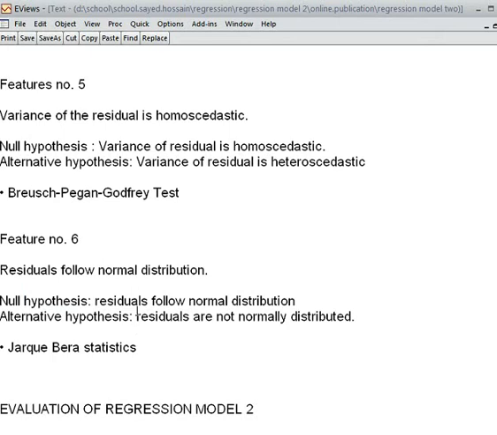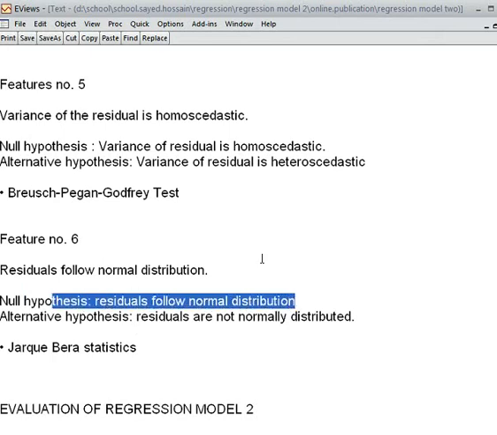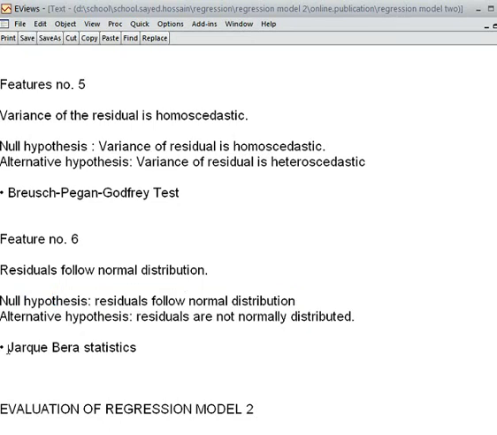Out of these two, the null hypothesis is desirable. And the test is what? Jarque-Bera statistics. This is a test that we shall be using to check whether residuals follow a normal distribution or not.